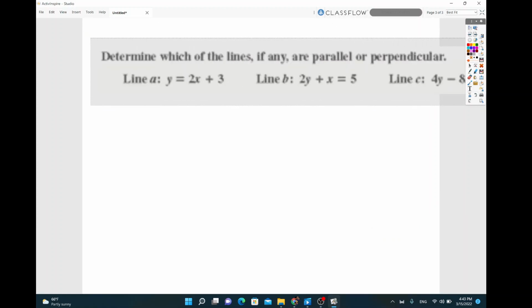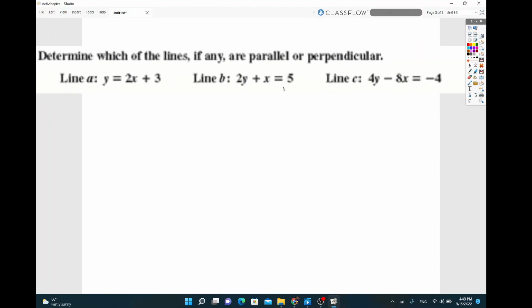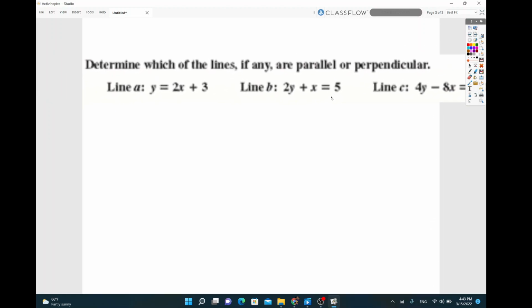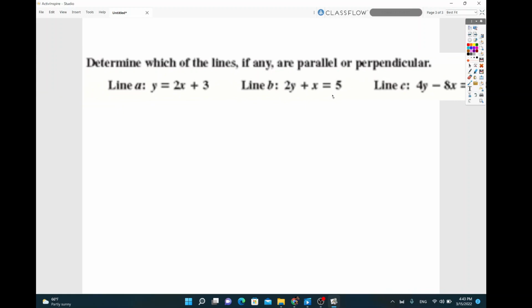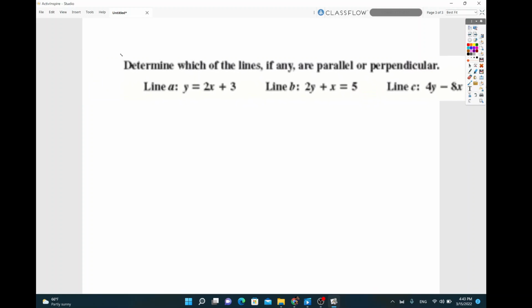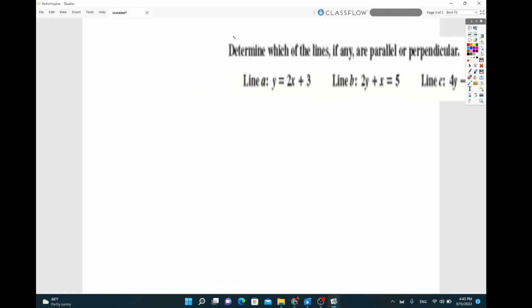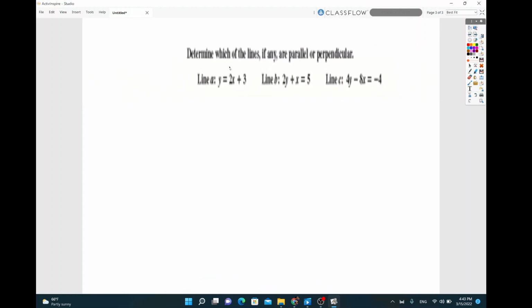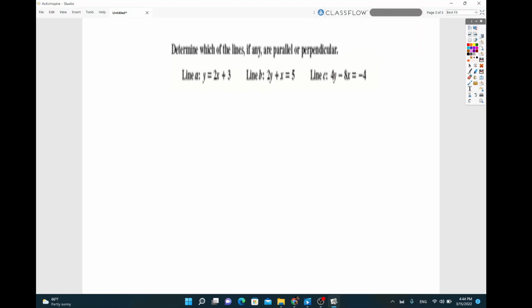So, compare and contrast. It looks like they're all written in different forms. Line A is written in slope intercept form, and lines B and C are written in different forms. So the first thing I want to do is convert the standard form to slope intercept form.